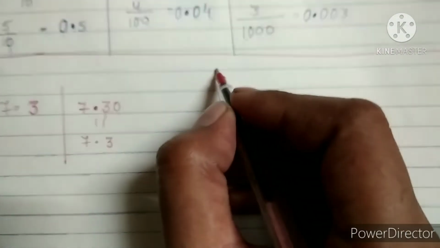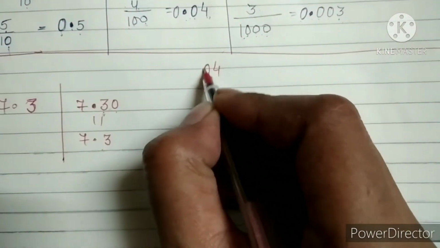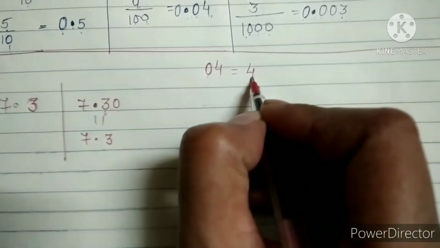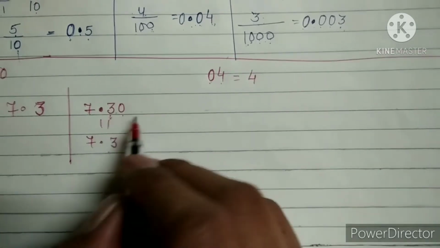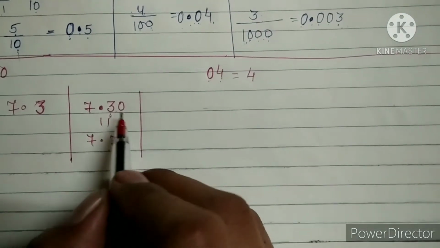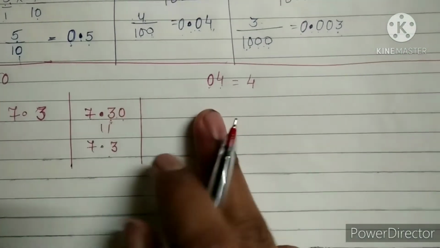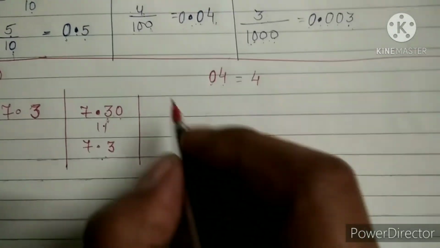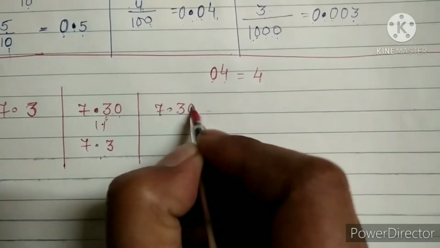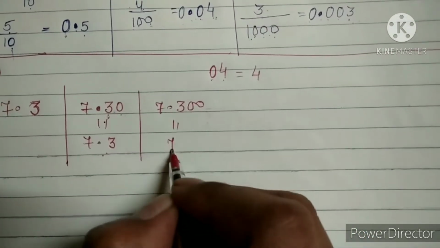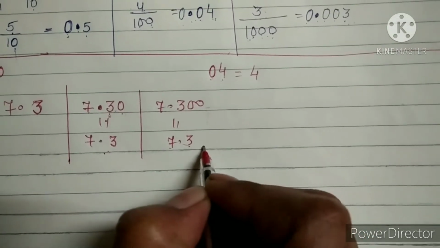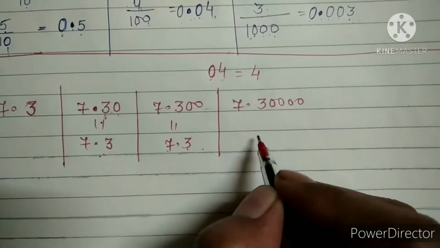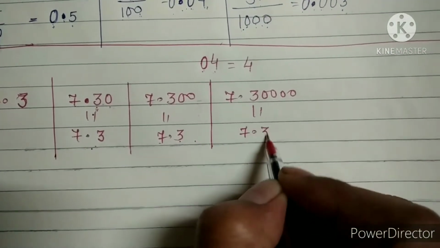Like when we put a 0 in front of 4, its value is the same, 4. The same happens when we put 0 at the end of the decimal. 7.300 is also called the same as 7.3, and 7.3000, its value is 7.3.